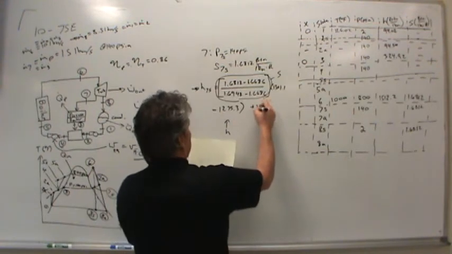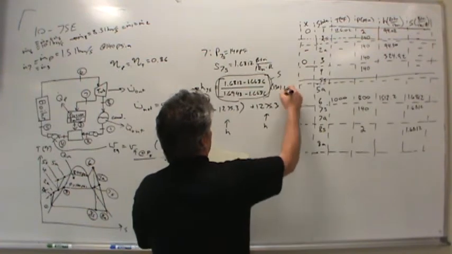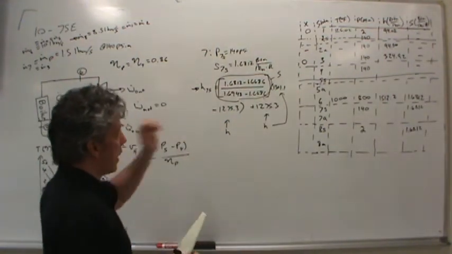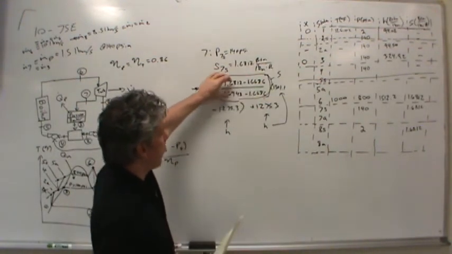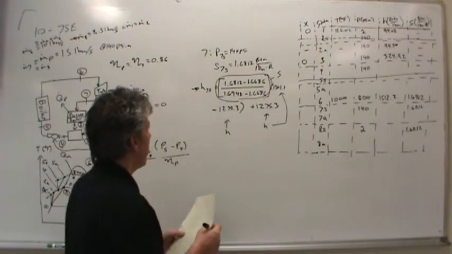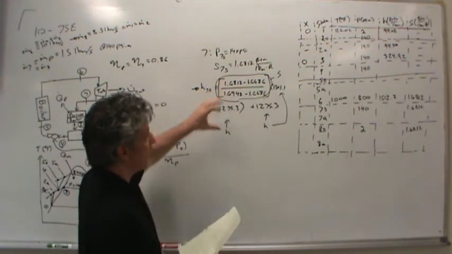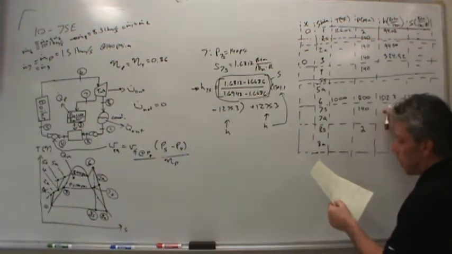Okay, so then finally plus 1275.3, and that of course is an enthalpy as well. All three of these are enthalpy numbers. So these would have units of BTUs per pound mass, and these would have units of BTUs per pound mass per Rankine, but of course they cancel out. So from that, I found the enthalpy in state 7s. If you plug this into your calculator, you'll find what we ought to write on the 7s row.